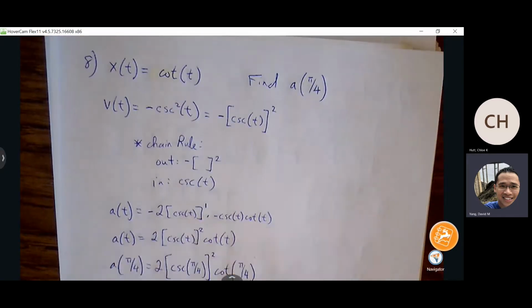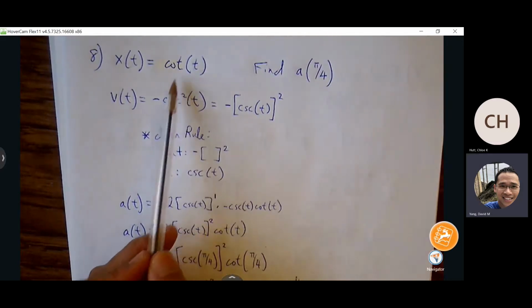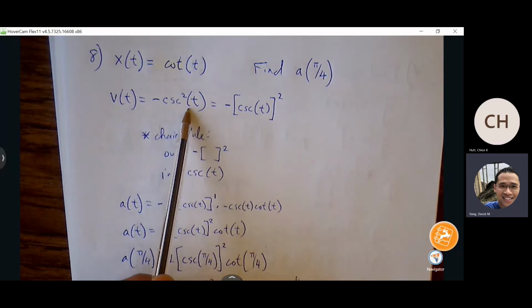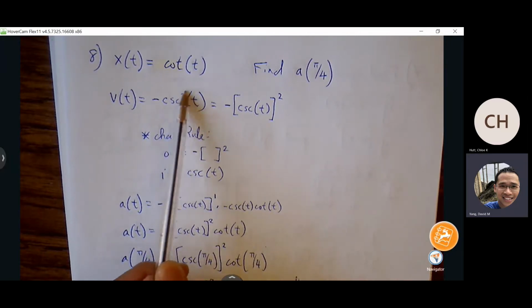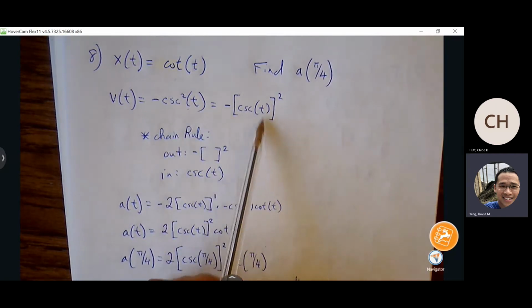Okay, let me go over step by step here. Cotangent of t, derivative of cotangent is negative cosecant squared. If I have to do the derivative again, I want to rewrite it so I can clearly see that outside inside portion.